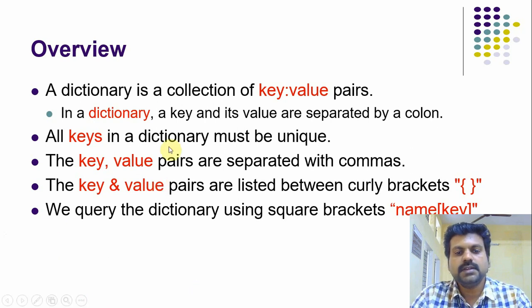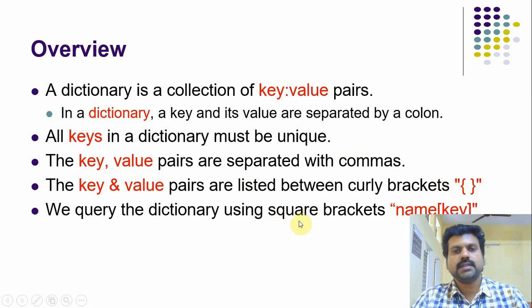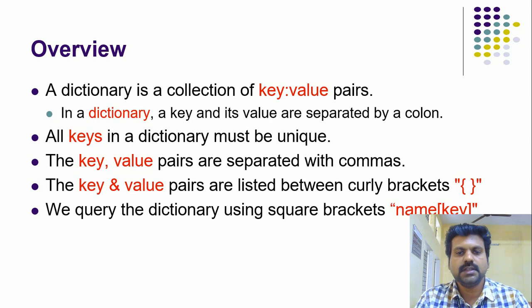All keys in a dictionary must be unique, so that we can uniquely identify the data inside the dictionary collection. Here, the key and value pairs are separated by a comma, we use curly braces, and we can access every data item by using square brackets. So this is the basic introduction to what a dictionary is.